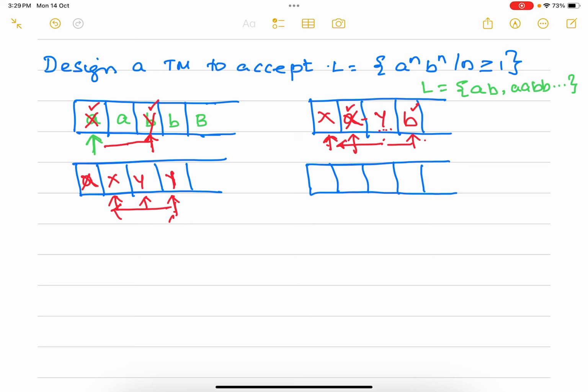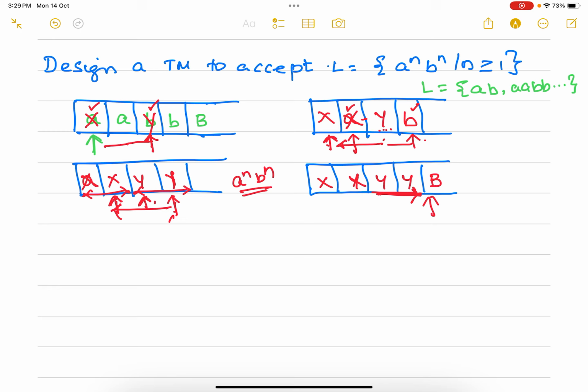Now we need to traverse till the end, which means till the blank. Only then can we confirm that all the b's are visited, because once Y comes after this X, it means all a's are visited. In that case all b's should be visited. Only then is the count a^n b^n true.